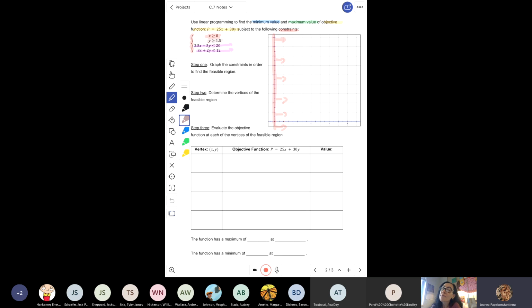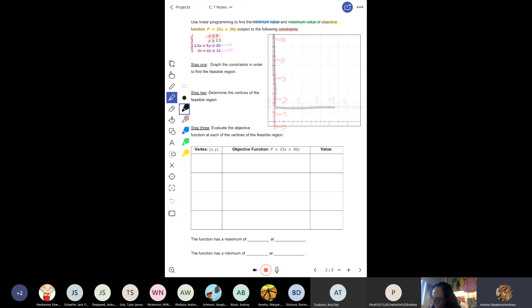What does the graph of that boundary line look like? Horizontal. A horizontal line at y equals 1.5, and it's going to be solid because it's or equal to. If it's greater than, which direction am I shading? Up. Very good. Okay, so right now, if I'm looking at this, I'm already confined to this little region here, right?